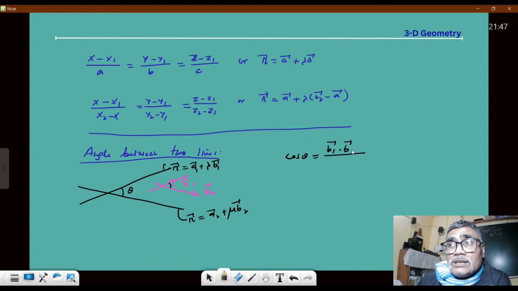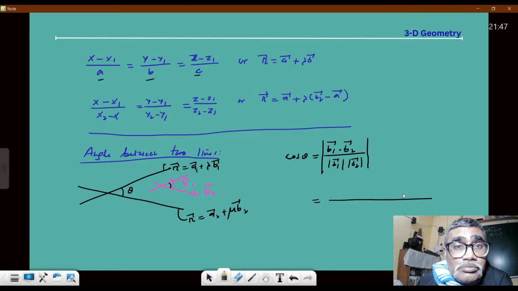It is done by the dot product of the vectors divided by their magnitudes. And to clarify it to be an acute angle, you put an overall modulus. So basically you find the acute angle between the two lines. It's done. So this expression can also be converted into its Cartesian form. How do you do it? Components of b1 and b2 are basically a, b, and c.